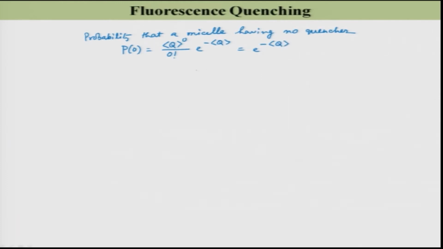So, this means I by I 0 is equal to e to the power minus q, right.